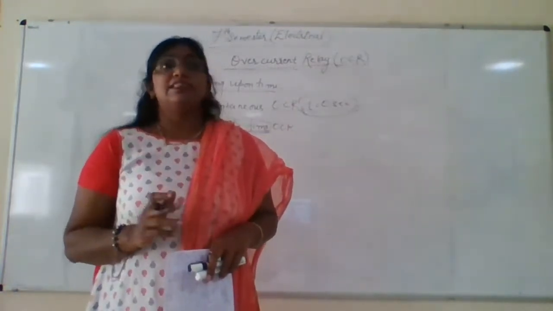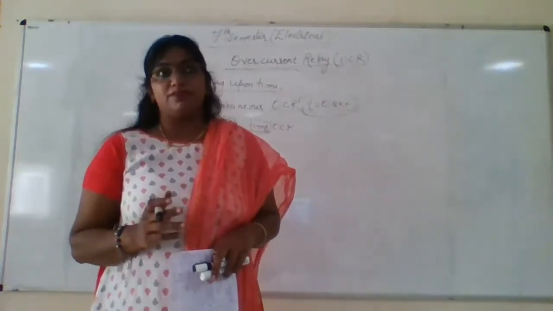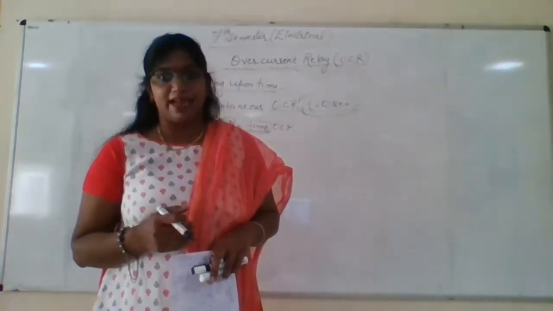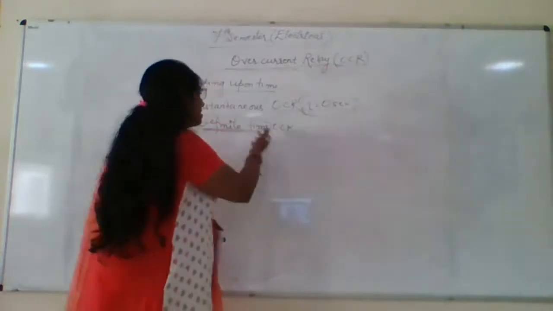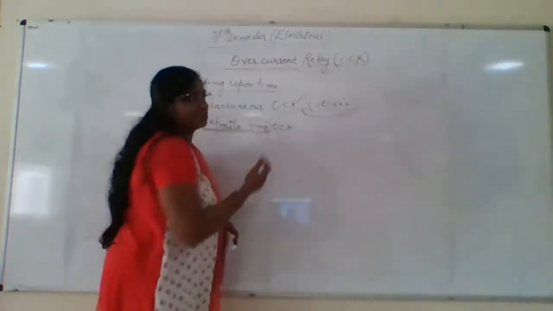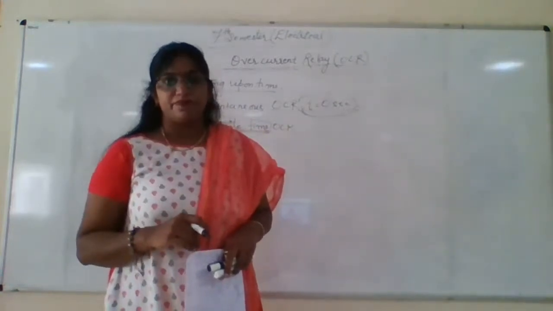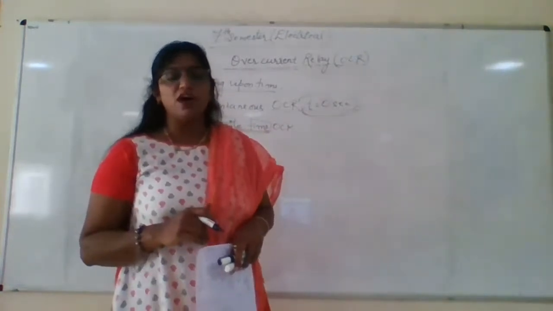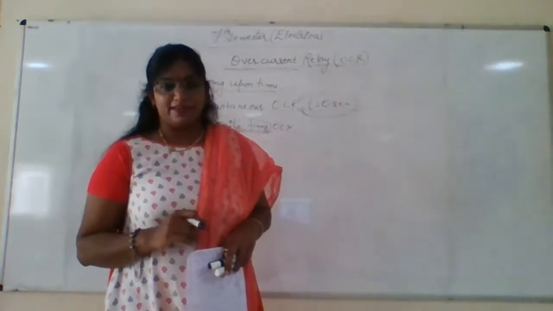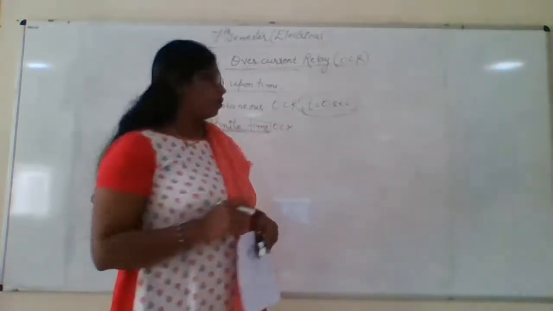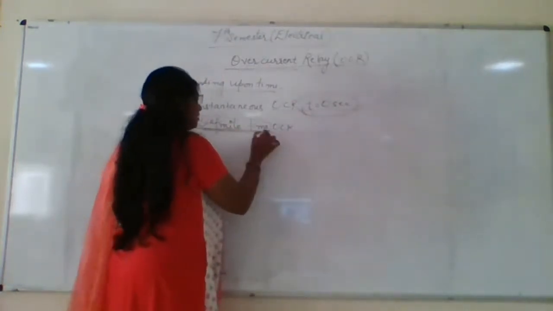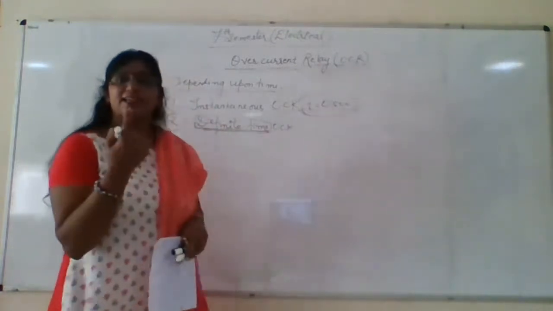Sometimes a surge will be there. Sometimes we know there are impulses in the line. An impulse won't last for even half a second, even half a cycle sometimes. So what happens? This definite time relay does not operate for a single impulse.